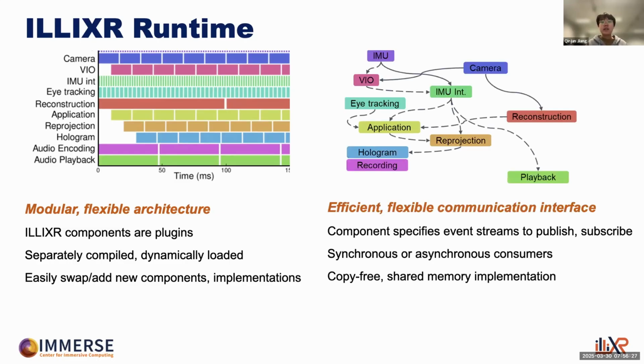At the same time, Elixir also provides an efficient and flexible communication interface where these components or plugins just need to specify the event streams that they want to publish to or subscribe to. And then Elixir will handle all the data dependencies, data communication and invoking of functions. So together, we made an end-to-end system that balances both flexibility and efficiency.